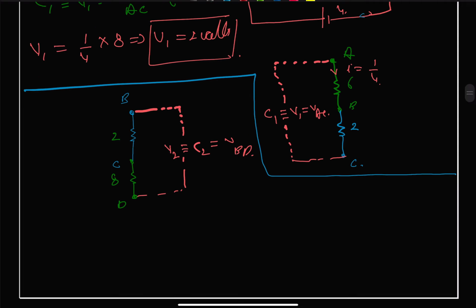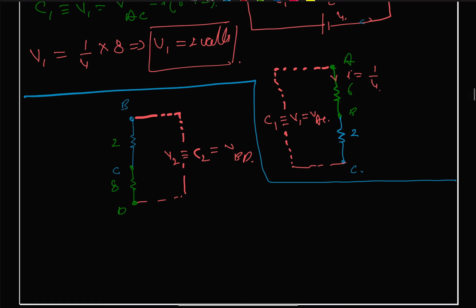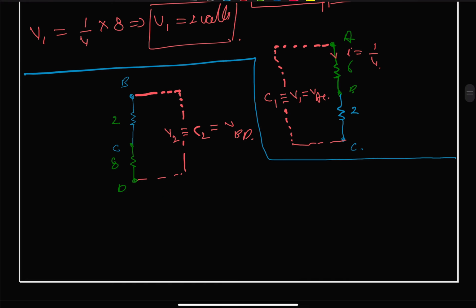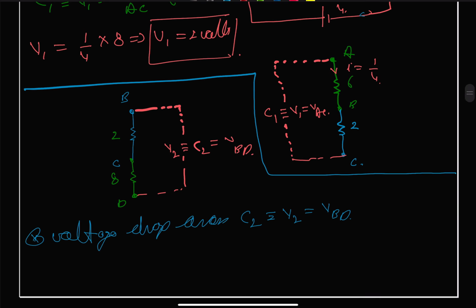So you can say that the voltage drop across C2, which we called V2, will be equal to VBD. And here the current is our I, which is equal to 1/4.